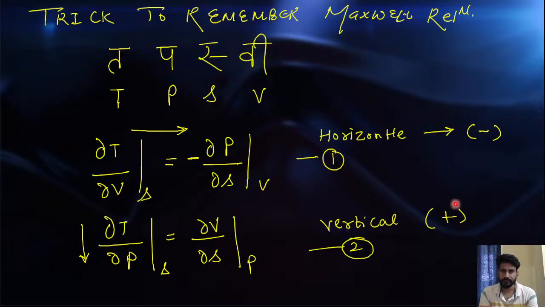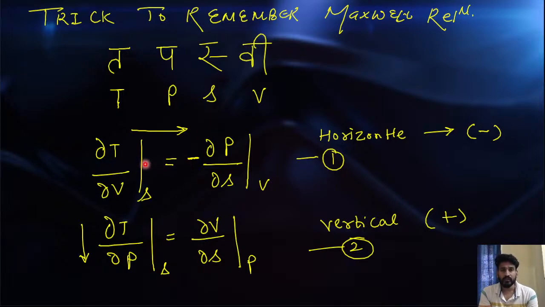Like if I make TAPASVI by going in the horizontal direction, then I have to put a negative sign. So T, P, S, and V, this is the way to make this word.